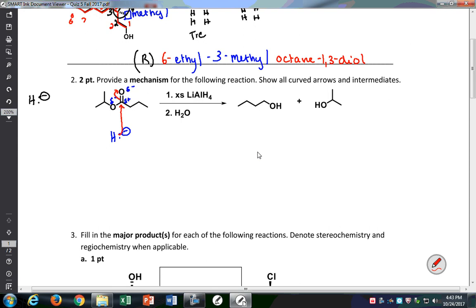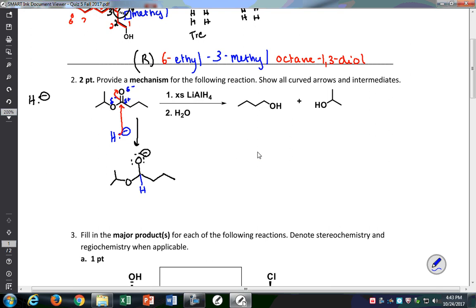So instead, the electrons get pushed onto our electronegative oxygen. And under these strong, basic H negative conditions, we're only going to form negative charge. So I'm drawing this hydrogen bond. You don't really have to draw it, but I want you to see where it is.